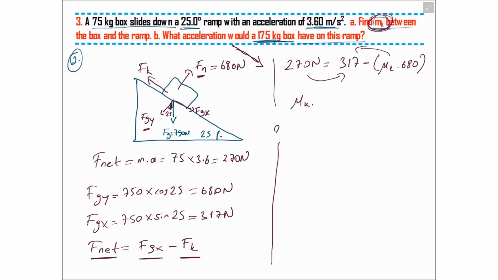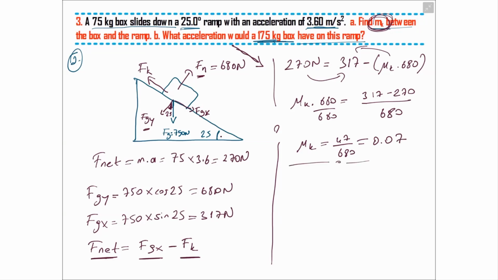Mu k times 680 equals 317 minus 270. If we divide both sides by 680, we will obtain mu k. And the mu k equals 47 over 680. So it will be 0.07.